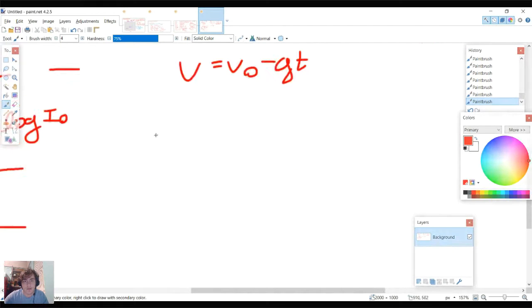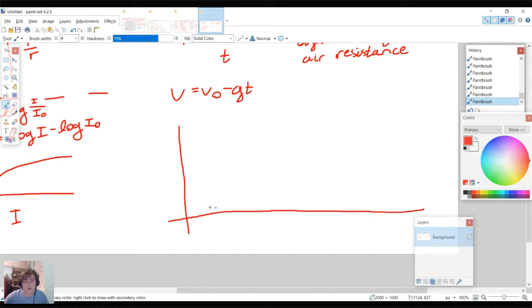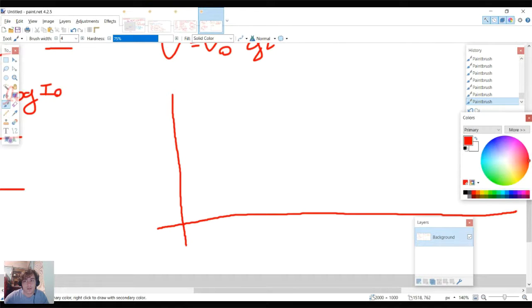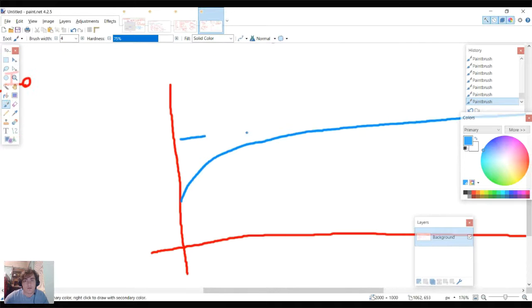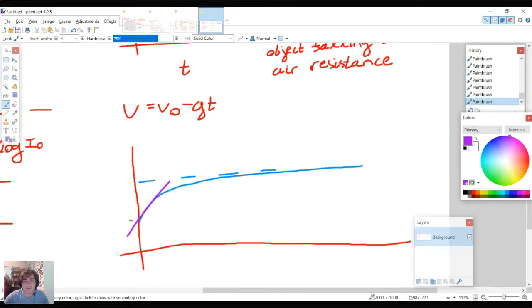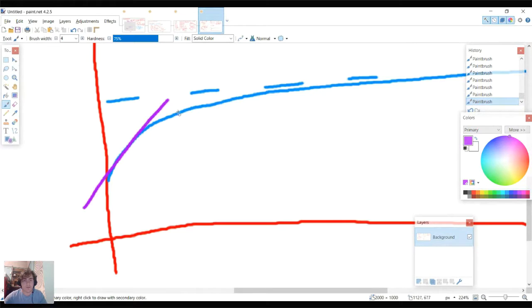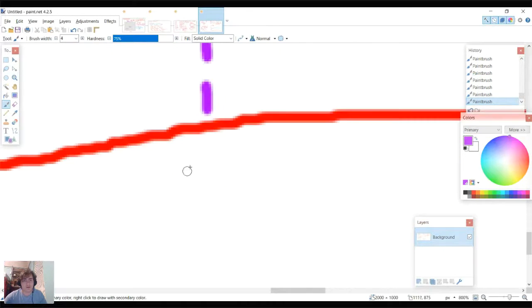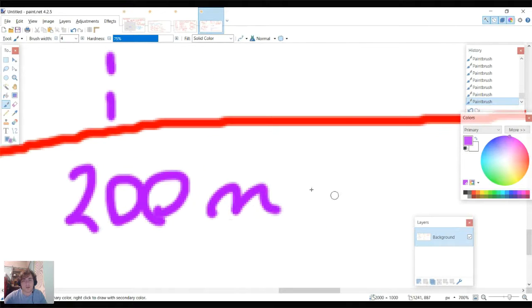Let's try the graph a little bigger. So what the graph would look like for the air resistance case would be this, approaching some value. And if you look at what that graph looks like tangent to that, it's like that. And for small speeds, you can see that the air resistance is not that much. Let's say for V under this threshold, it could be any threshold. Let's say it's like 200 meters per second.